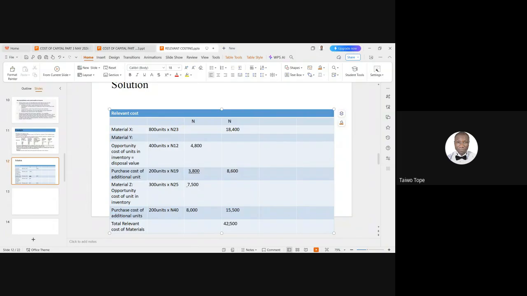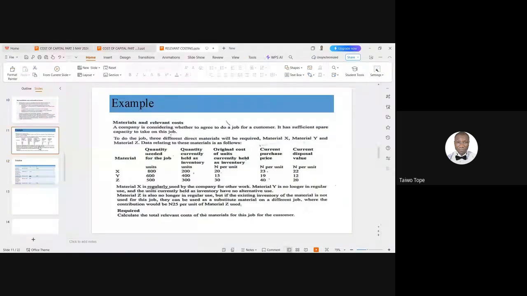You are not to accept the offer because you are out to make profit. So that is the essence of relevant cost. Some organizations don't work with relevant costs. They just work haphazardly without looking at some of these concepts and how they will help them retain and keep their customers in business. So the essence of relevant cost is not just for examples.